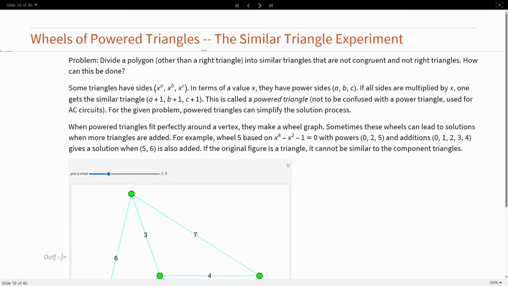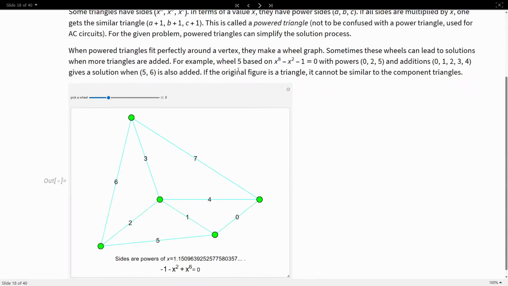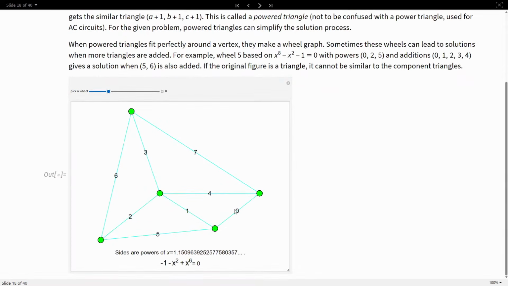So here's one experiment I did. I looked at the question, how can similar triangles surround a point? So here's one solution. We have these 4 similar triangles. These are all scaled powers for the plastic constant.